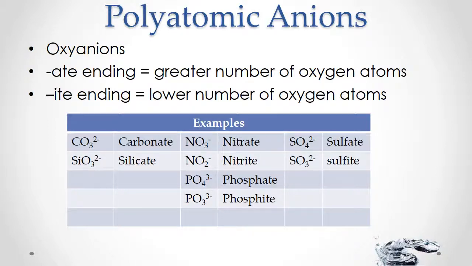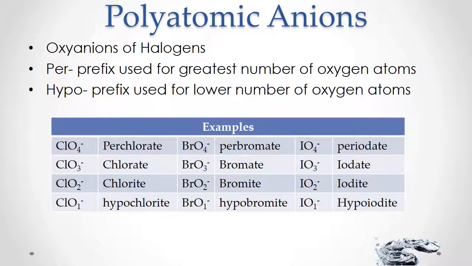We can have polyatomic ions of the halogens. The oxyanions of the halogens are special because we can actually have four versions: one with 4 oxygens, one with 3 oxygens, one with 2 oxygens, and one with 1 oxygen. Unfortunately, when we get to this type of naming, we have to use some prefixes. We'll use the per prefix to indicate the greatest number of oxygen atoms, and we add that to the ATE ending.